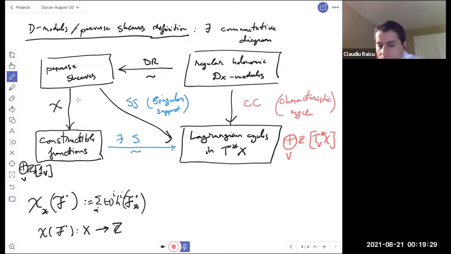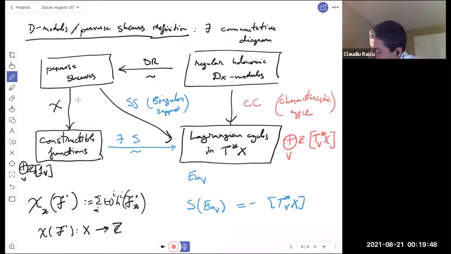And what this is going to do is we will send the Euler obstruction function of V to the conormal bundle up to a sign.